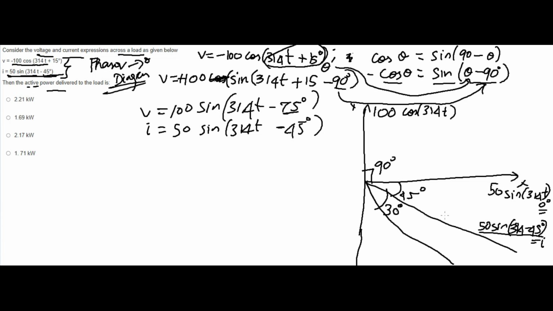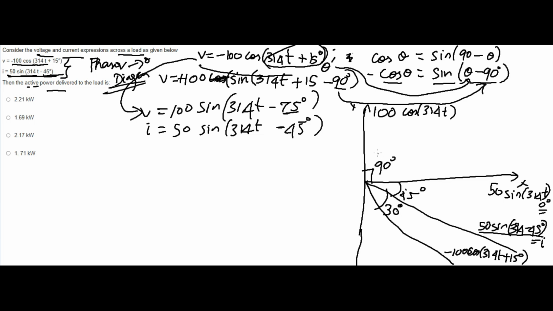If I do so, then I have minus 100 cos of 314t plus 15 degrees. Really, both are the same. Instead of minus I can write 100 sine also, no problem. So 45 plus 30 is 75, and one more 15 is right.